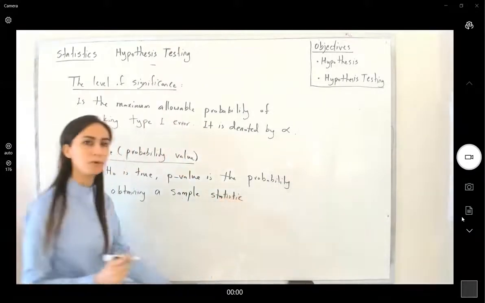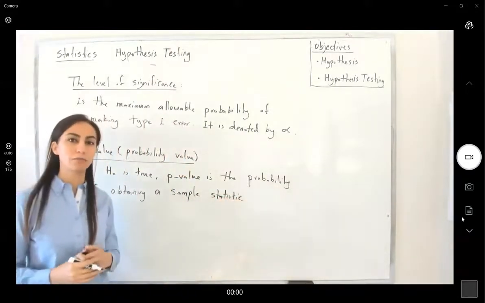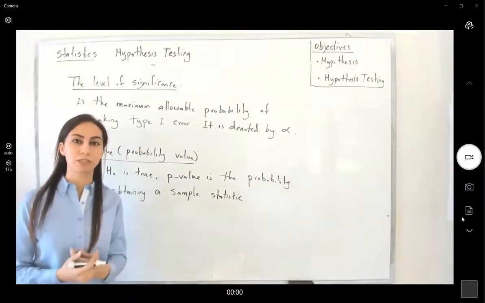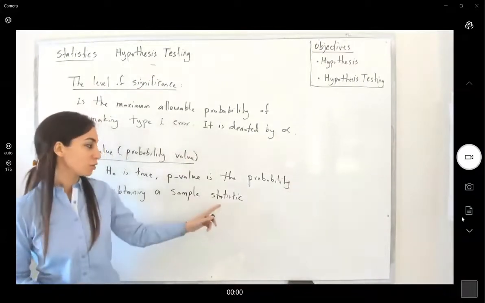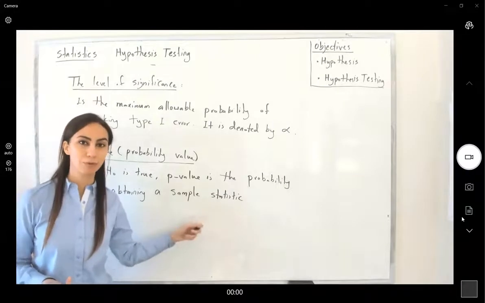You have a sample, and for example, if you're dealing with the population proportion, you're finding the sample statistic, the sample proportion.